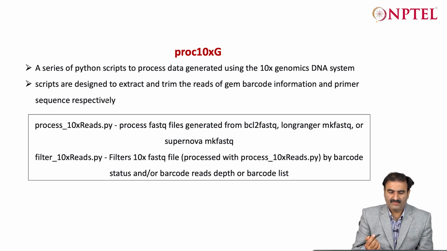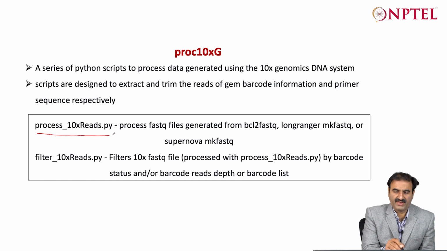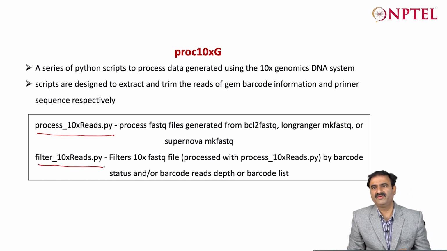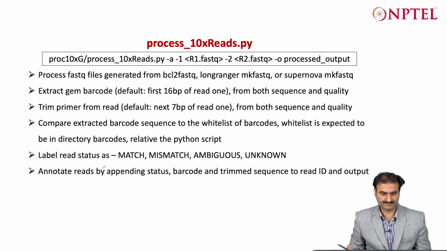The two scripts are process_10xReads.py and filter_10xReads.py. The first one identifies the barcode, labels it, and also converts from BCL2FASTQ, and the second one helps you separate reads on the basis of barcodes.